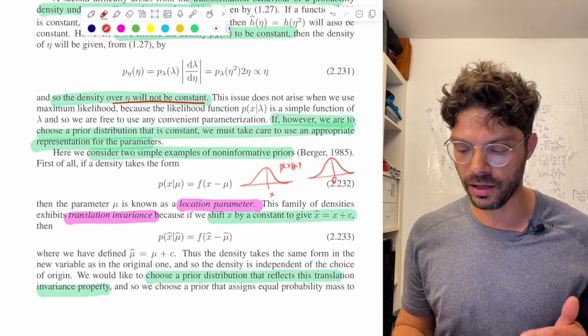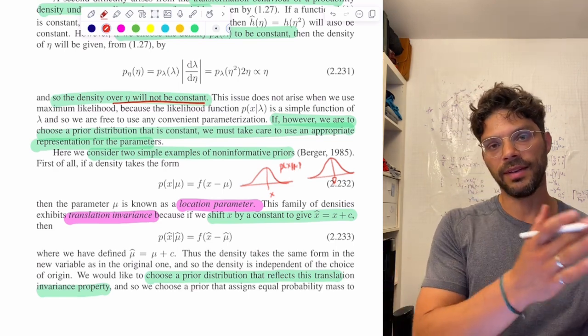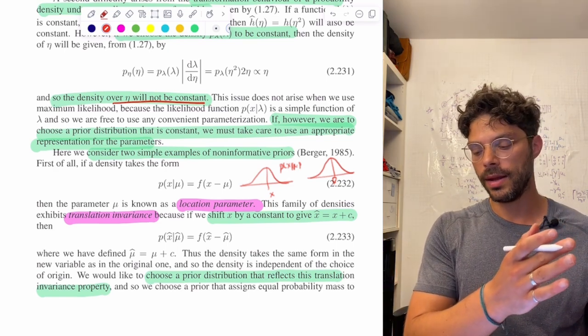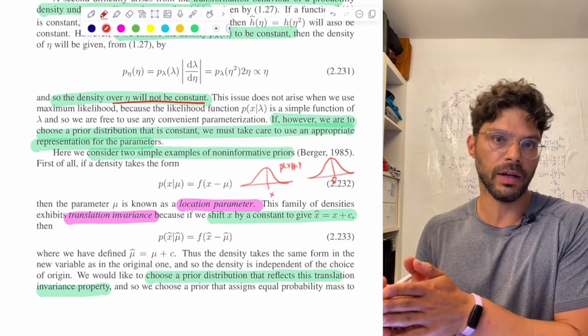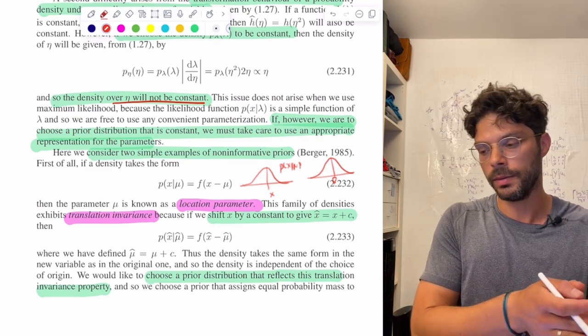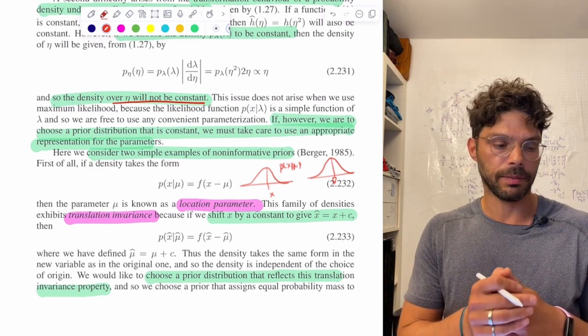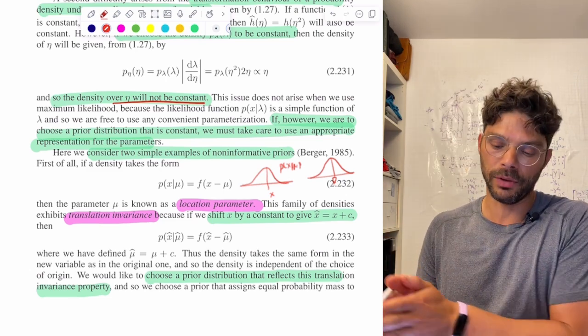So the idea here is that we're considering what would happen to this likelihood when a particular type of transformation happens to our data. If instead of getting a particular data point, we've got a shifted version of it, like instead of 4, you got -6, what would happen to the likelihood?